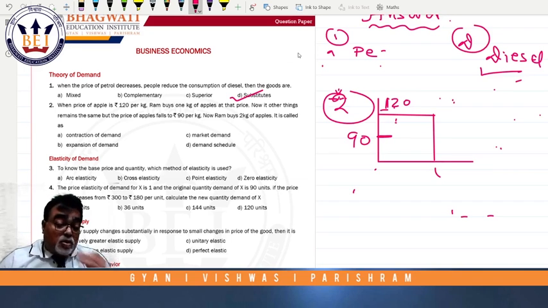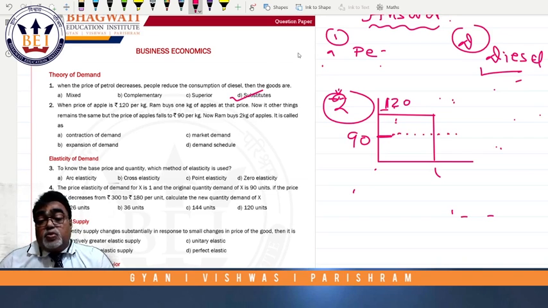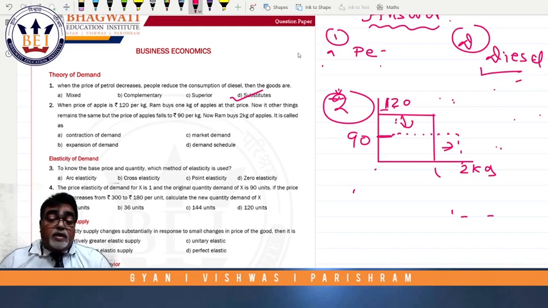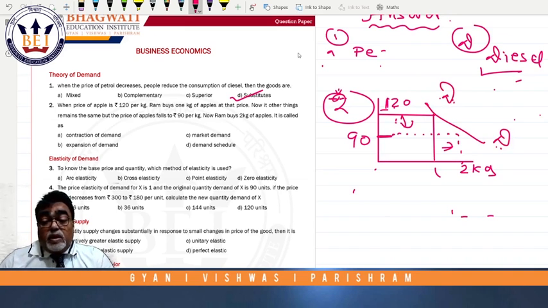When price of apple falls to rupees 90, the quantity demanded is increasing to 2 kgs. So my dear students, what does it mean? Price falls, real income increases, demand increases.